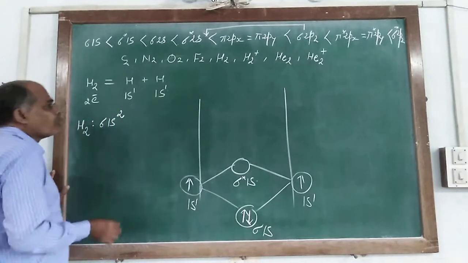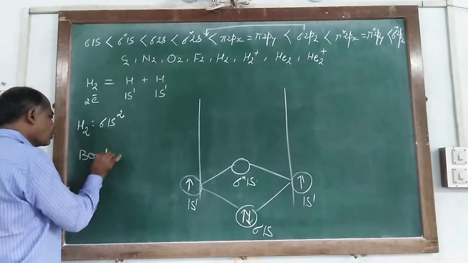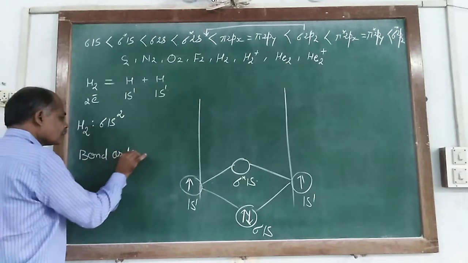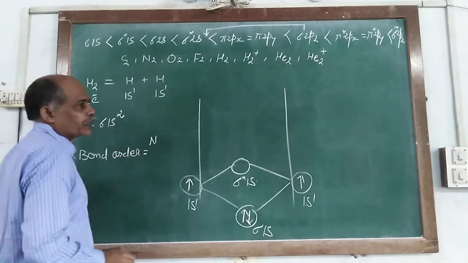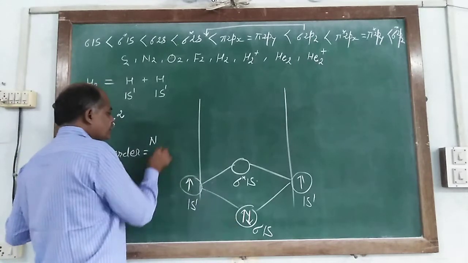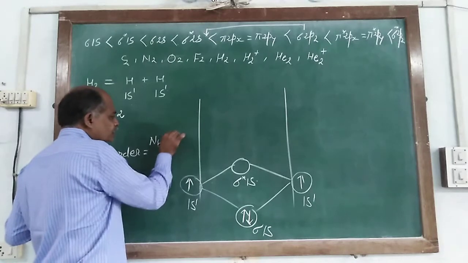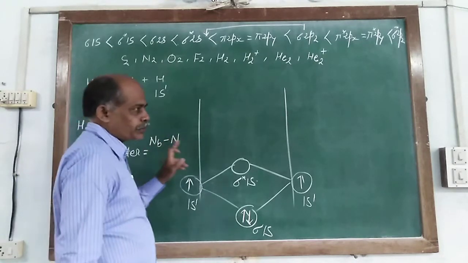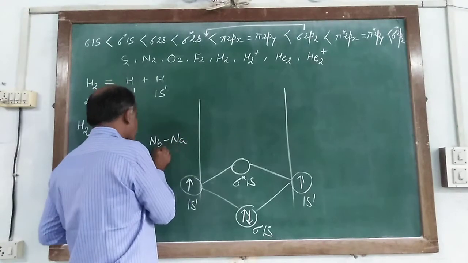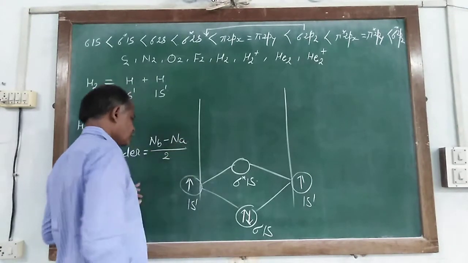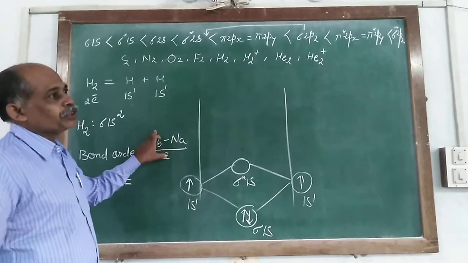The formula for bond order is the number of electrons in bonding molecular orbitals minus the number of electrons in anti-bonding molecular orbitals, divided by 2.